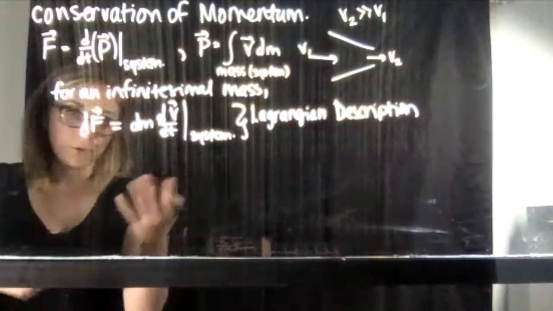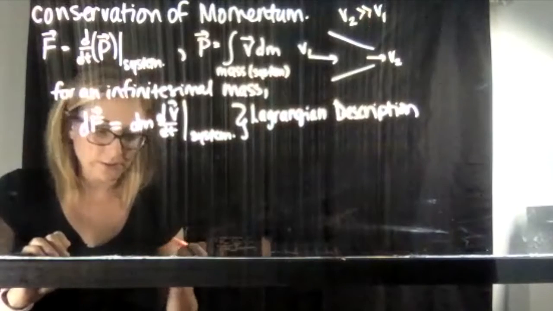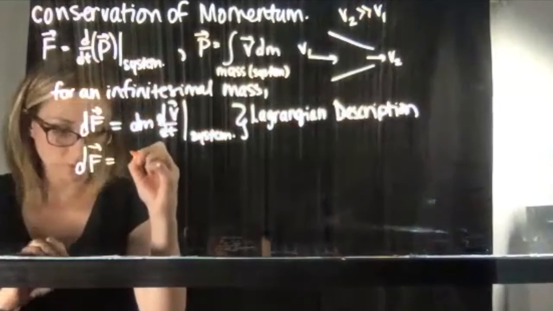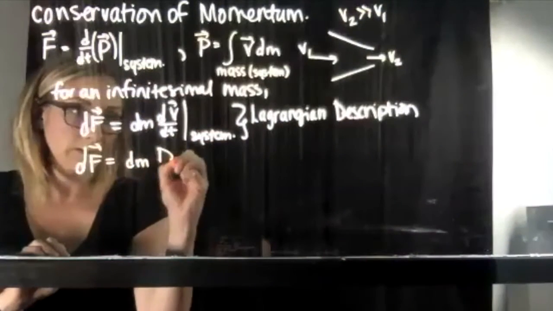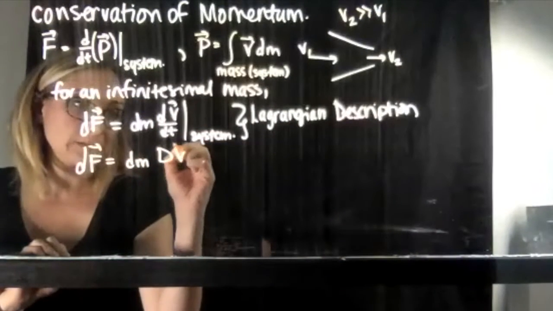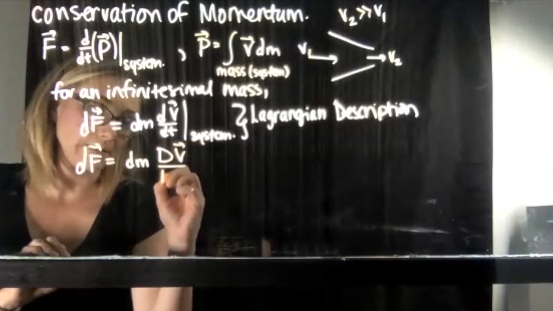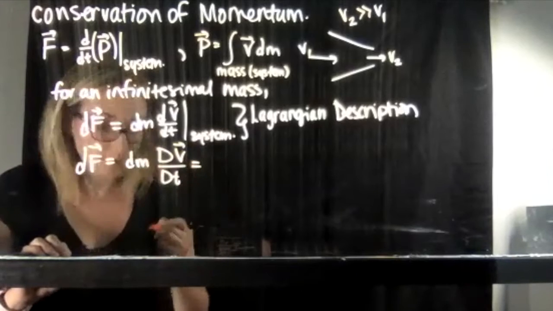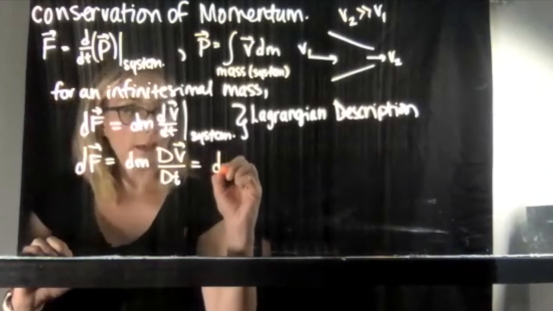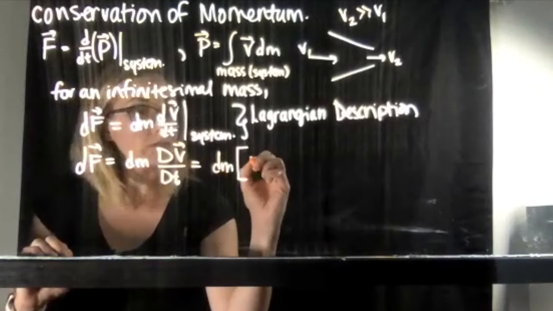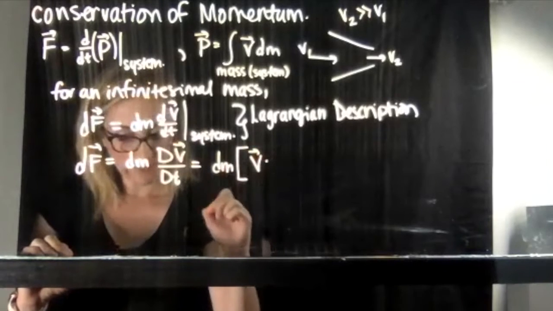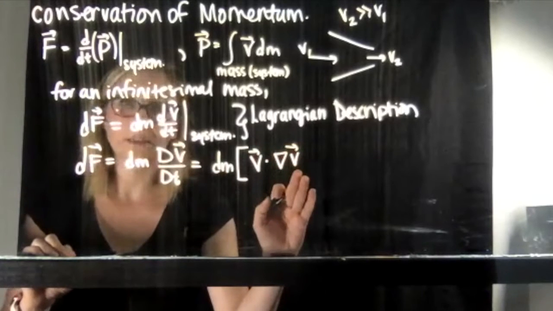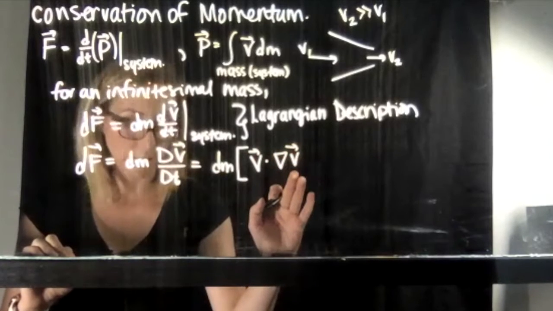Okay, so if I rephrase this in terms of an Eulerian system, I would write that dF is equal to dm times the material derivative of the velocity with respect to time. And just to jog your memory, this is defined as follows. We have our velocity dotted with the gradient of the quantity that we're taking the material derivative of, here it's just velocity again.